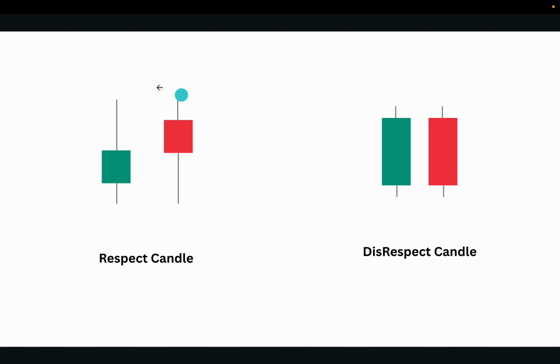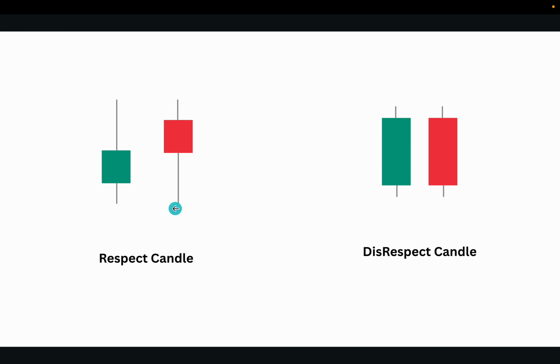In respect candles, if it is a bullish candle, what happens? The open is at some level, then price rises to some high level and then ultimately closes below that high but above the initial open price. So it creates a green, bullish candle, but there is some rejection coming from the top or swing high.